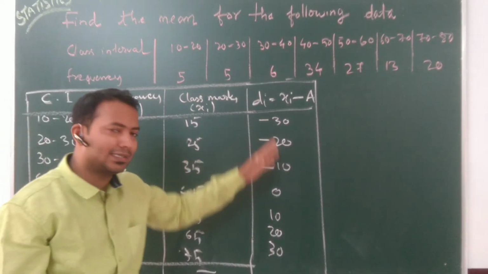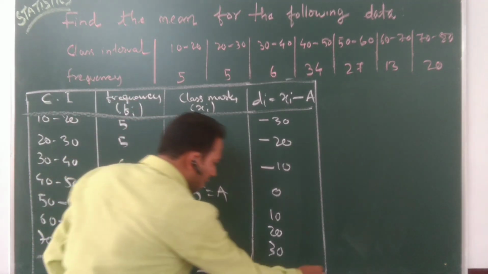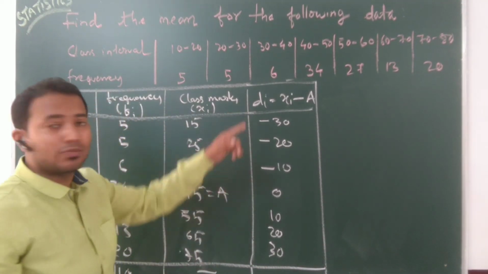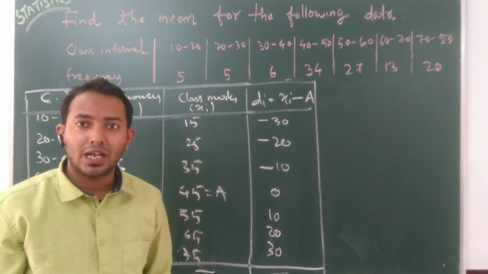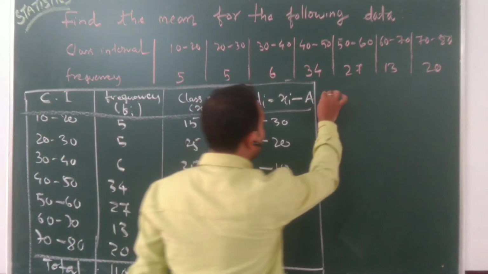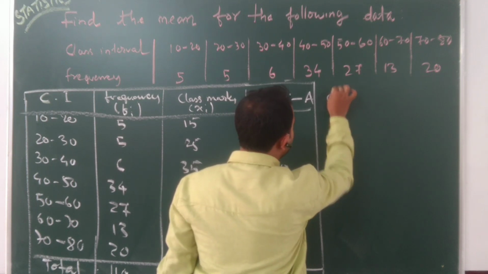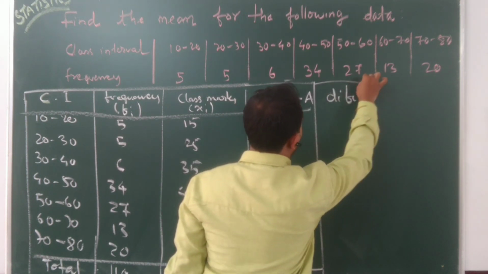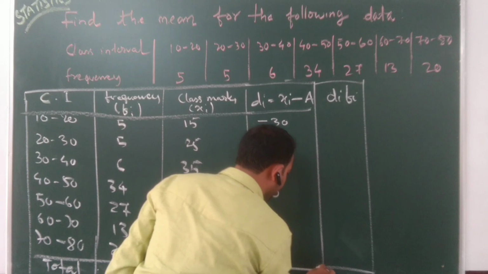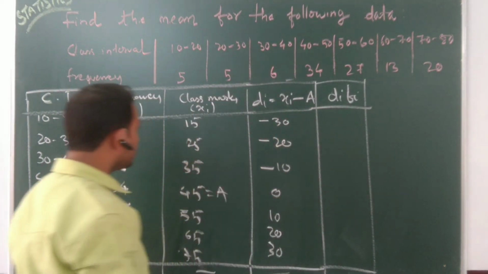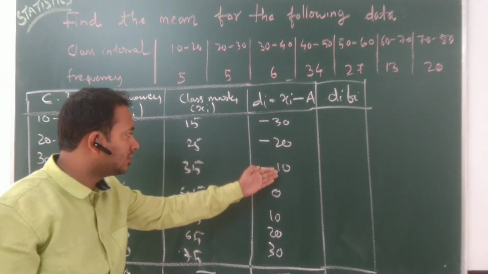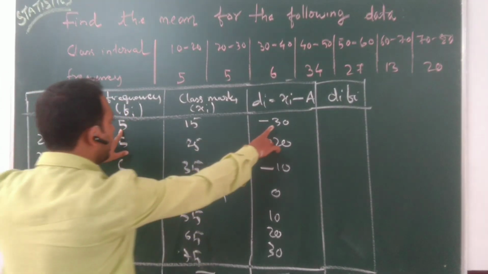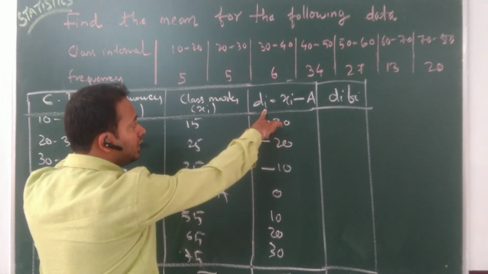After that, you can apply this trick here. So do we need summation of di? No, we don't need any summation of di. We need summation fi di. So our next column is di fi. We need to find it. Now your calculation will become quite easy. You can see that your data is quite simple. This is your fi and this is your di.